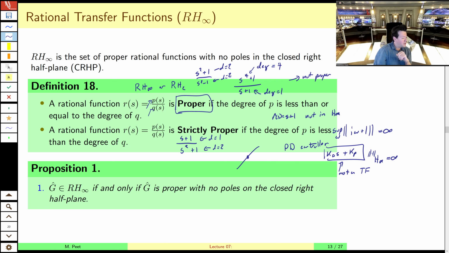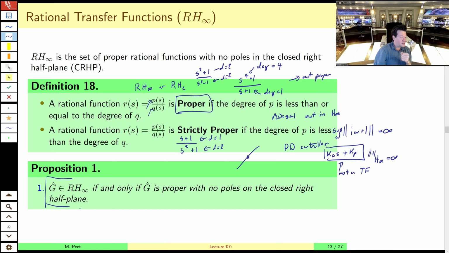So, if we restrict ourselves to proper transfer functions, then we can say things like what we have here in this Proposition 1: a function is in RH∞.